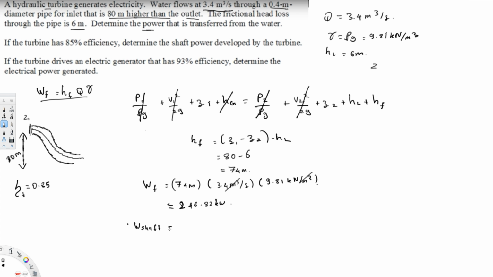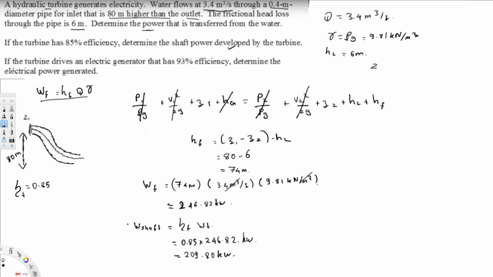W shaft is equal to eta T times this one. If I multiply eta T by this one, that gives us the shaft power developed by the turbine, right? So we can multiply 0.85 times 246.82, and that gives us 209.80 kilowatts. So that's the answer for the second question.